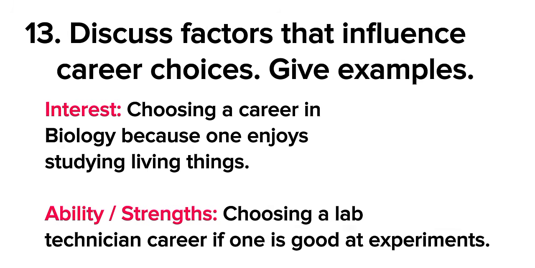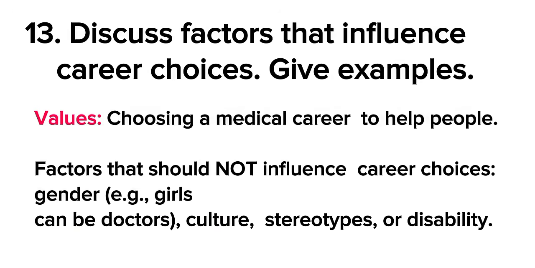Choosing a lab technician career if one is good at experiments. 3. Values. Choosing a medical career to help people. 4. Factors that should not influence career choice: gender, e.g., girls can be doctors; culture, stereotypes, or disability.